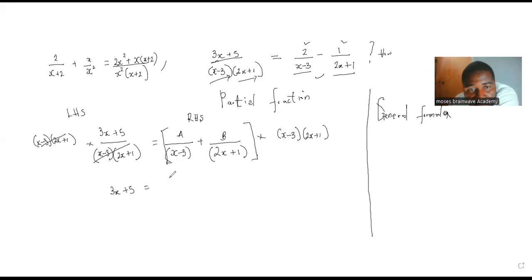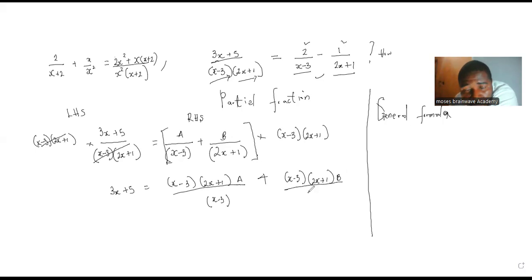So I'll have here x minus 3, 2x plus 1, multiplying a, all over x minus 3. Then the next element here, x minus 3, because this is going to multiply this also, 2x plus 1, we have b, all over 2x plus 1.